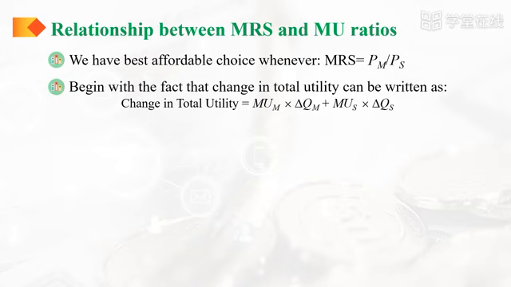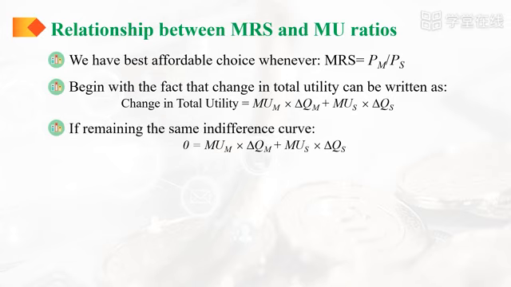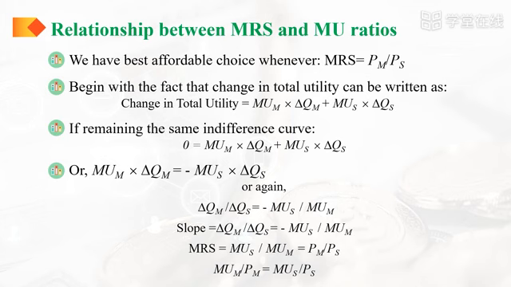Let's first begin with the fact that the change in total utility can be written as the change in total utility equals marginal utility of movie multiplied by delta quantity of movie plus marginal utility of soda multiplied by delta quantity of soda. If remaining on the same indifference curve, then the left-hand side can be replaced with 0.